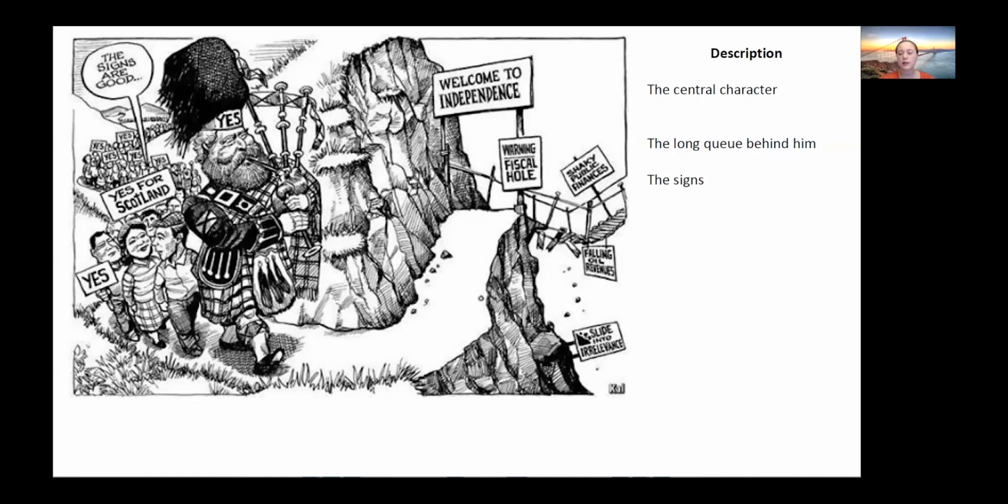For example, on the right side of the picture, you have this sign, "Welcome to Independence," and then under this one, we have several warning signs: fiscal hole, shaky public finances, falling oil revenues, slide into irrelevance, etc. What's more, there seems to be also a discrepancy between the joyful faces, their enthusiasm, and what is seen here, meaning the broken bridge.